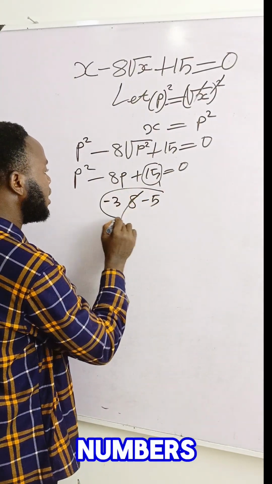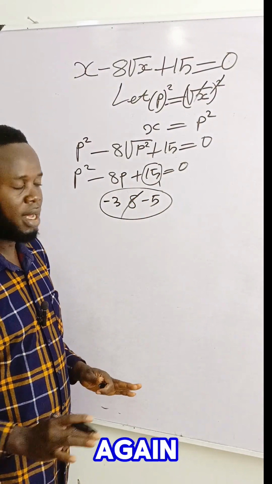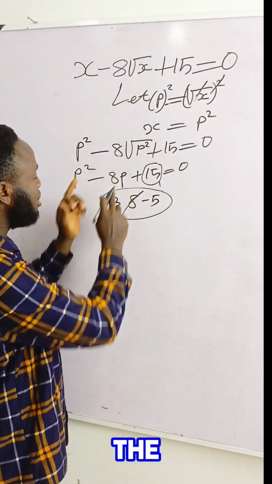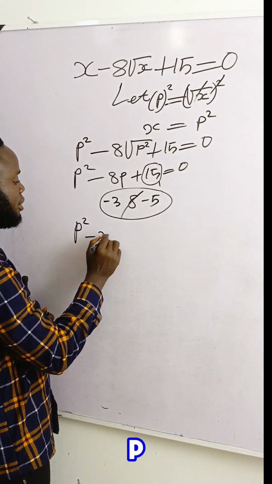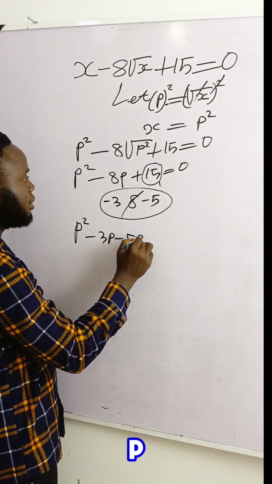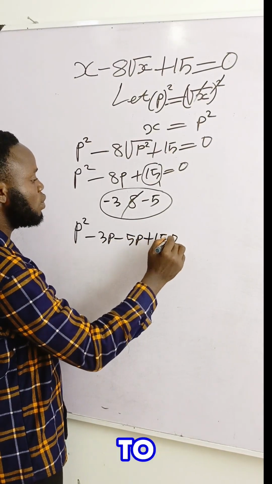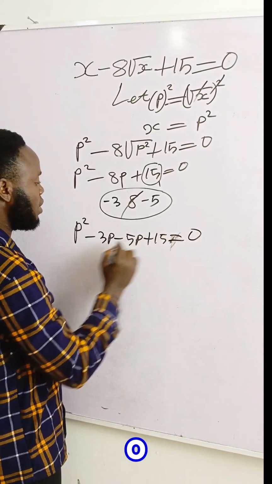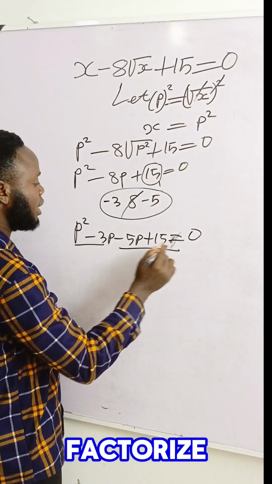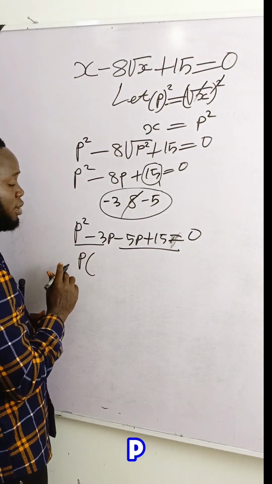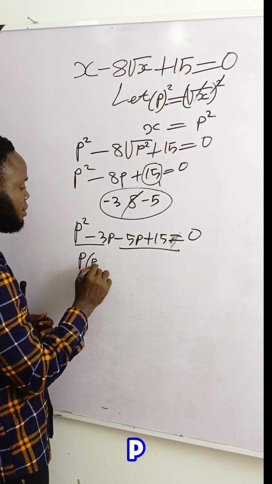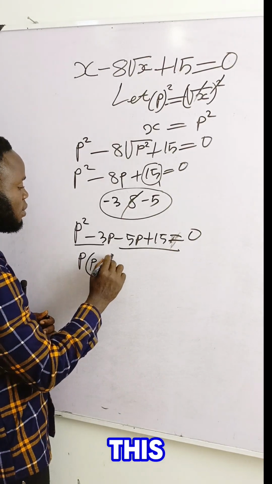Then the two numbers are this. What will I do again? I'll use the two numbers to replace the middle number. When I know that I have p squared minus 3p minus 5p plus 15 is equal to 0. I'll factorize here, then factorize here. The common factor here is p. If I use p to divide p squared, I have p; minus this, I have 3.